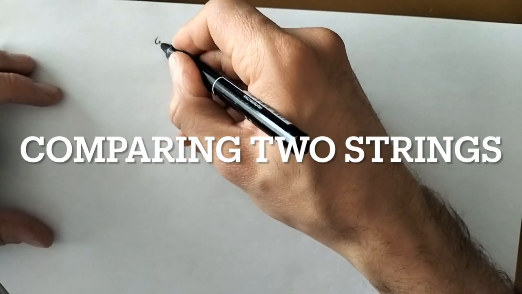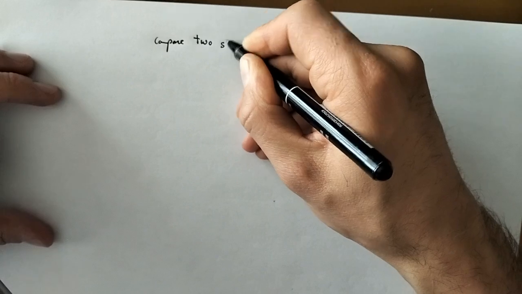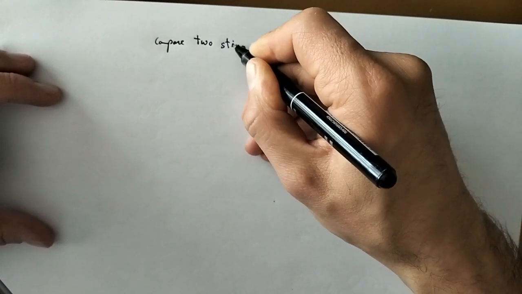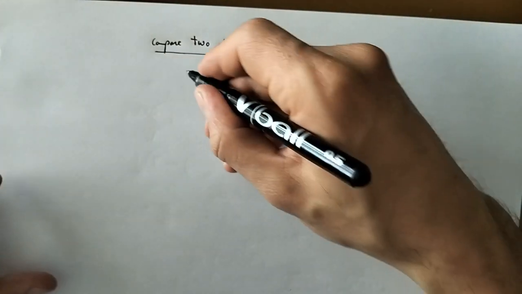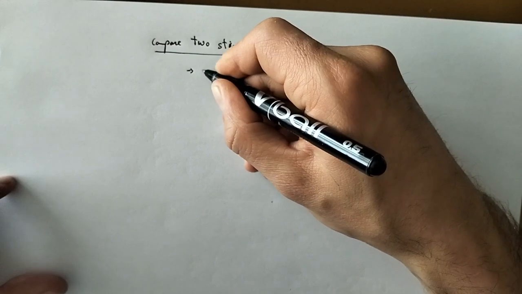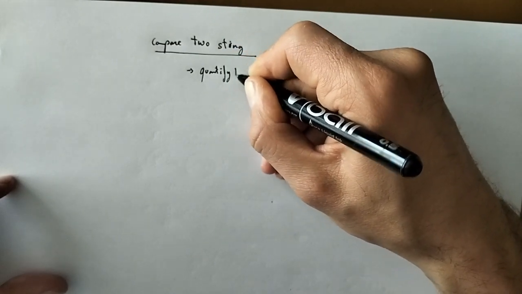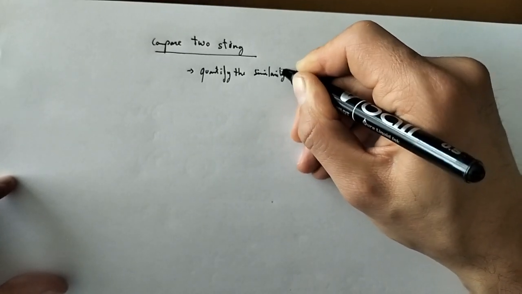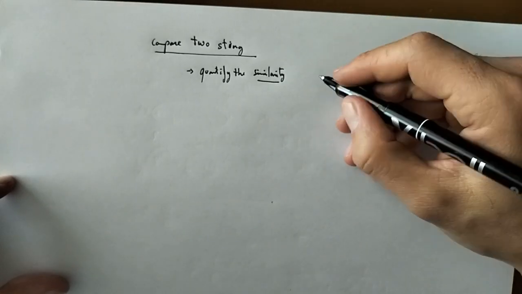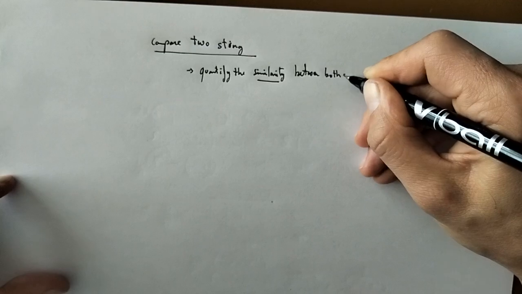Now, what does it mean to compare 2 strings? Let's first define this concept, comparing 2 strings. If we want to compare 2 strings, it means that we want to quantify the similarity or difference, if you want, between both strings.